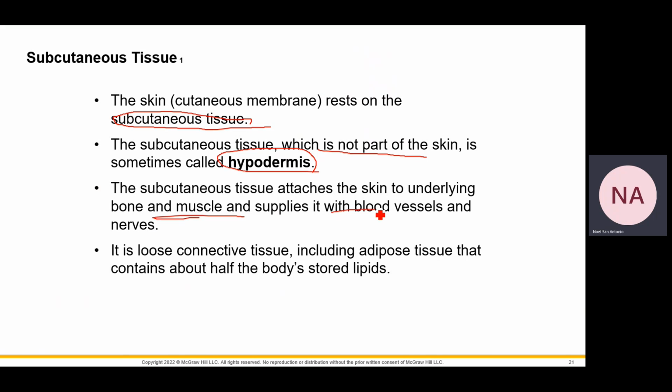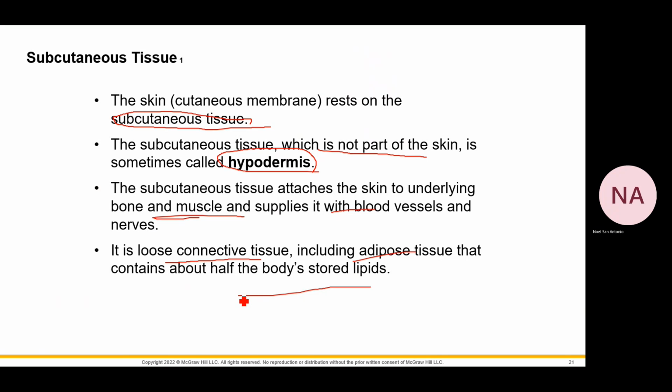And as we have said in the introduction, no, dun sa ating brief overview, the subcutaneous tissue is a loose connective tissue, no, which includes adipose, which contains about half of the body's stored fats or lipids.